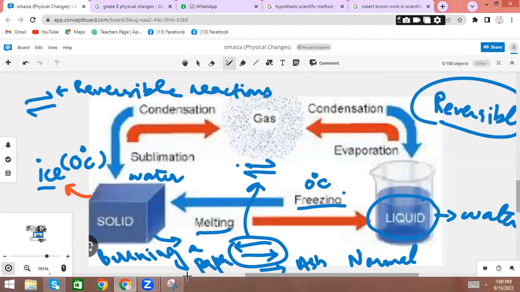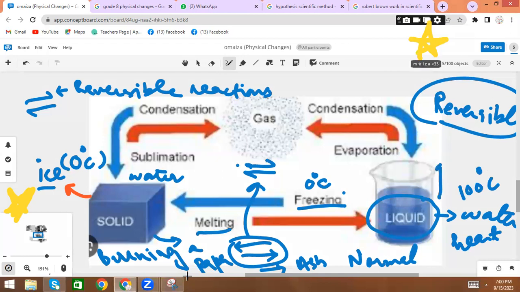So melting is when we convert ice into liquid, and if we heat this water at 100 degrees, this liquid will convert into steam. This phenomenon is known as evaporation.